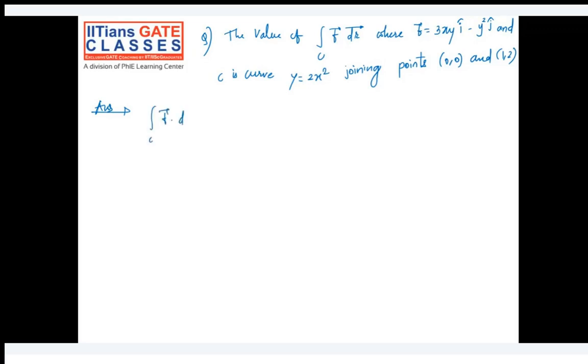So f1 is 3xy, integration over curve C 3xy dx minus y square dy. Integration over curve C means it's like from 0 to 1.